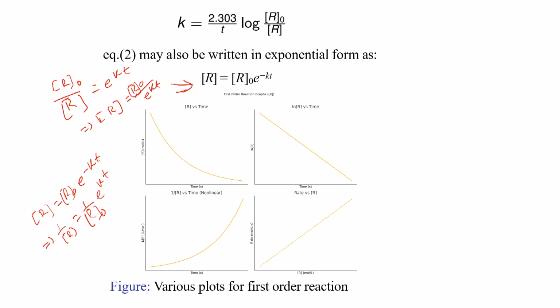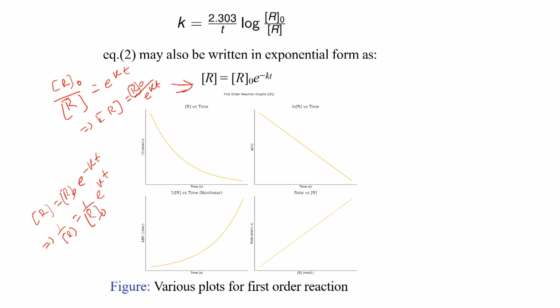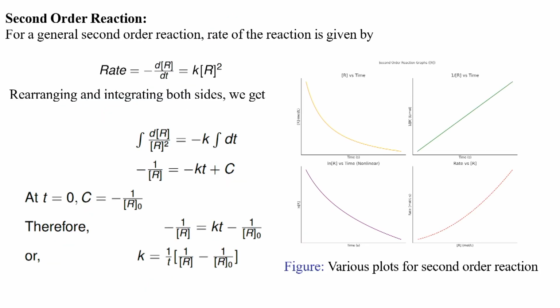So if we plot rate versus concentration of r, okay, rate is on the y axis and this is the x axis, we get a straight line, and the slope of this curve gives the rate constant.